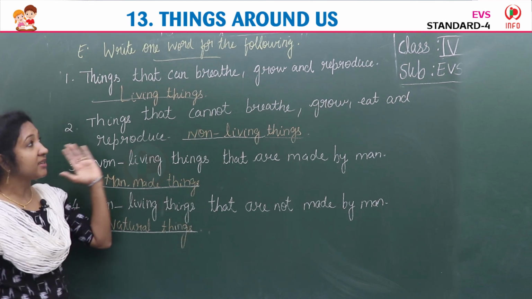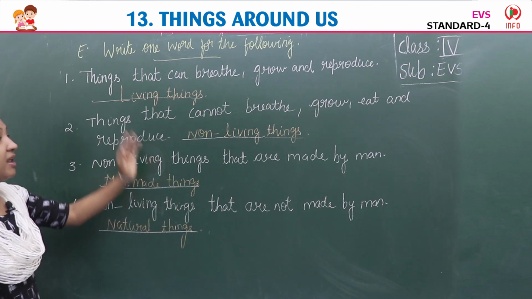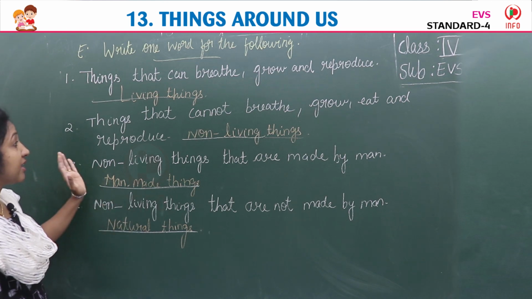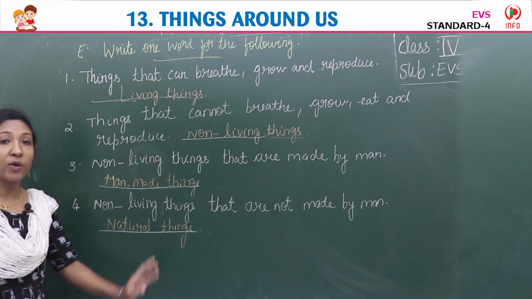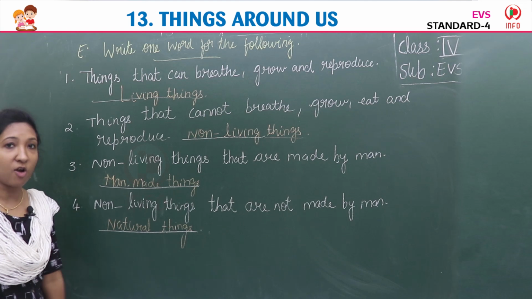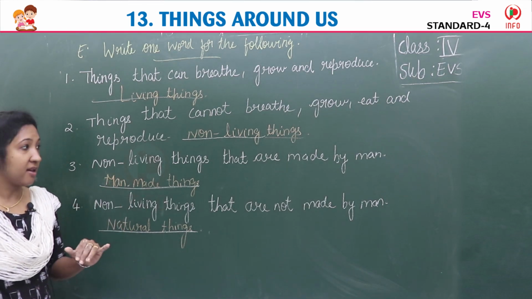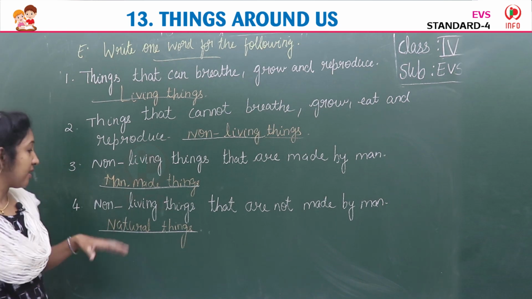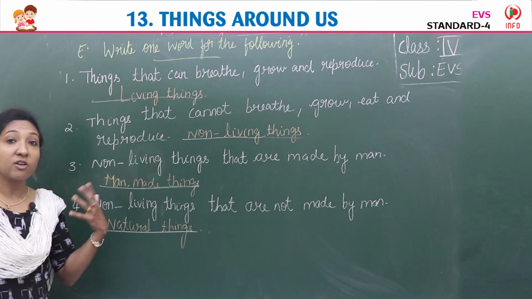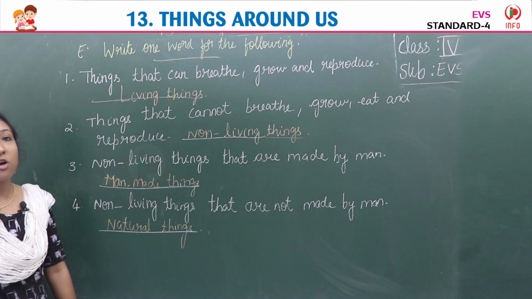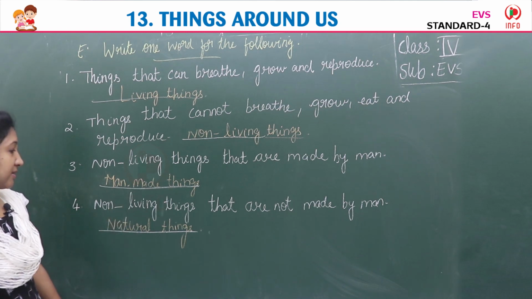Okay, so things that can breathe, grow and reproduce are living things. Second, things that cannot breathe, grow, eat and reproduce are non-living things. Third, non-living things that are made by man are called man-made things. Fourth, non-living things that are not made by man are called natural things.